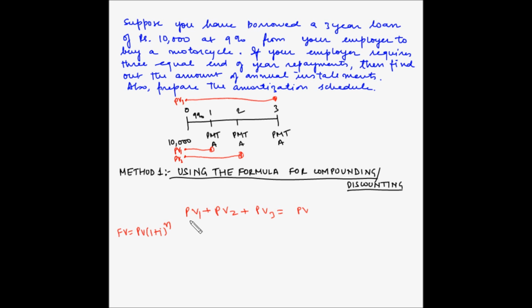So our PV1 becomes FV divided by 1 plus I to the power n, and FV is nothing but payment. Similarly, PV2 is payment divided by 1 plus I to the power n, and so on.